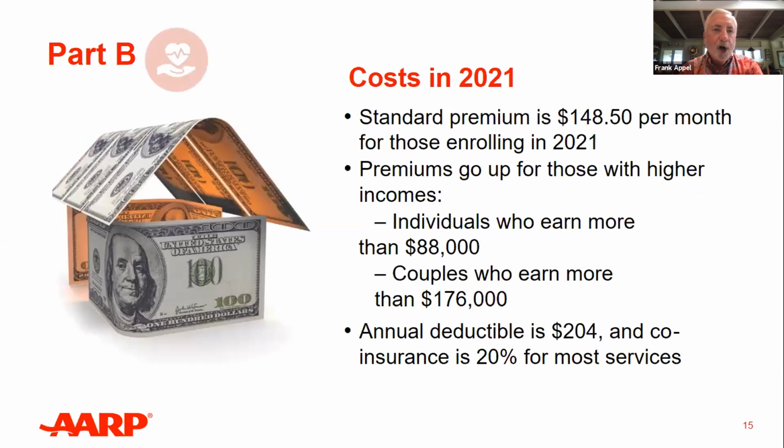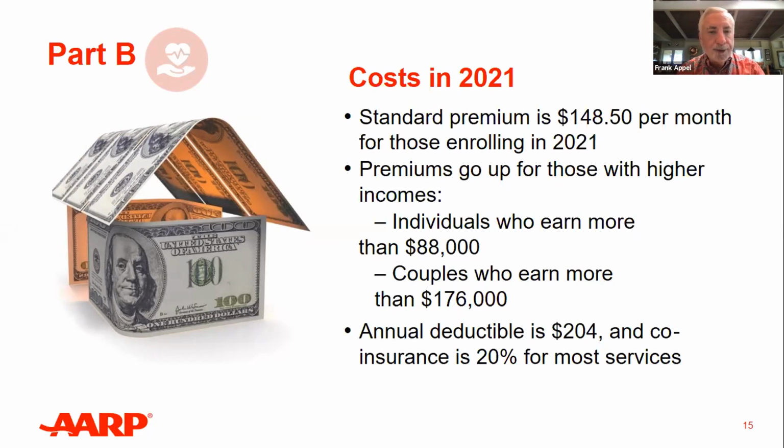So the Part B costs in 2021, the standard premium for Part B is $148.50 per month for those who enroll in 2021. People who have higher incomes will pay a higher premium. That applies to individuals who earn more than $88,000 or couples who earn more than $176,000.